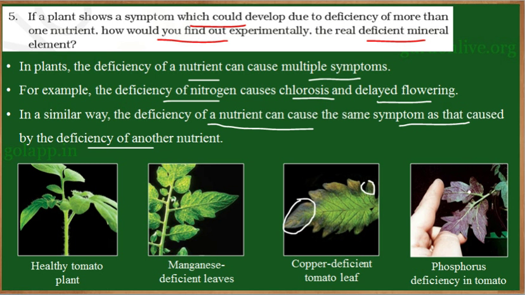And the same kind of symptoms is seen in the last picture as well, but here it is distributed evenly throughout the tissue, and this symptom is caused due to phosphorus. So when a plant has copper or phosphorus deficiency, the symptoms seen would be the same, and it would be difficult to find out what exactly is present in lesser quantity.